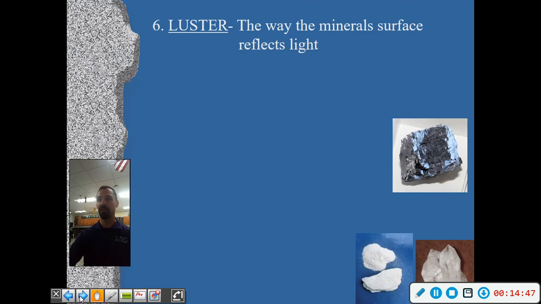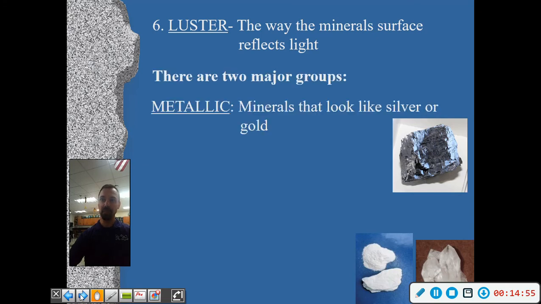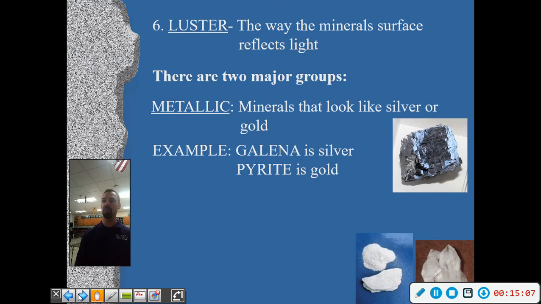All right, so the next test is called luster. That's the way the mineral's surface reflects the light. What we're going to look at is whether or not the mineral is metallic. That means it looks like silver or gold, has that shine on it like a metal. So it looks like a piece of metal. Galena is silver, pyrite is gold.